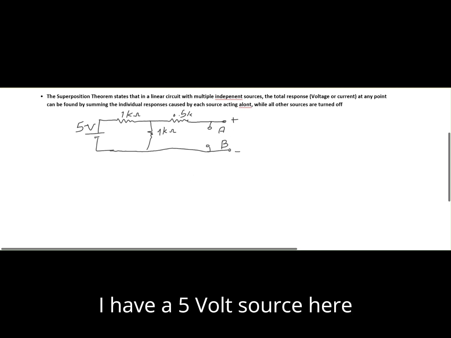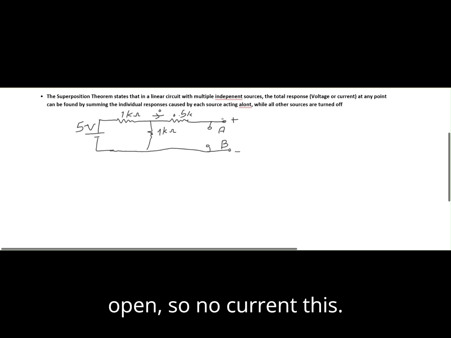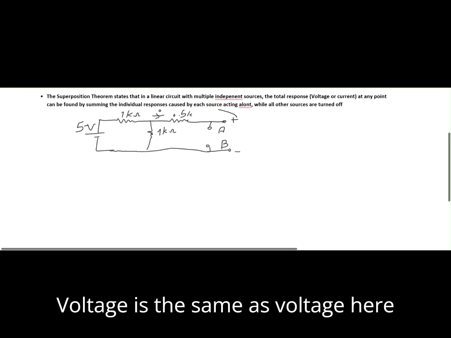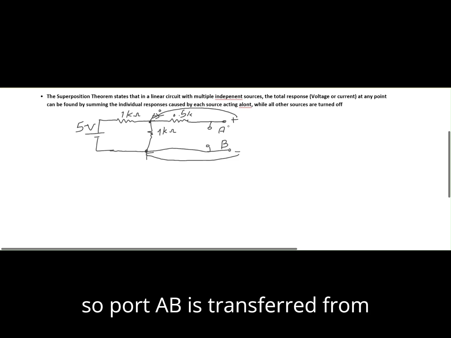I have a 5 volt source here, and if here is open, is there any current passing here? The answer is no, because the circuit is open, so no current. This voltage is the same as the voltage here, and this voltage is the same as this point. So port AB is transferred from here all the way to here.